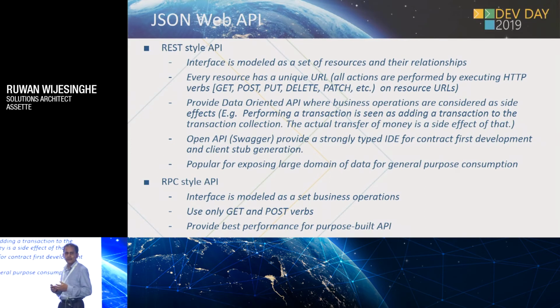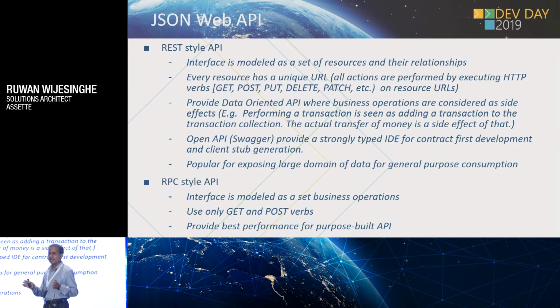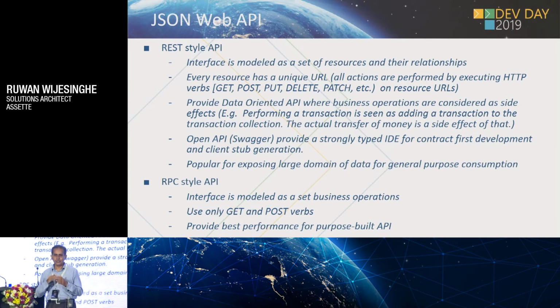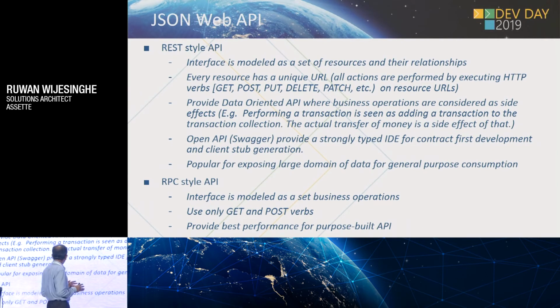So you can't auto-generate the clients. That is why Open API or Swagger came. With that, now you can expose the metadata of a JSON or REST API over a Swagger file, which is another JSON file, so that you can auto-generate the clients, you can validate if the schema is correct, etc. So that advantage is in JSON as well now.